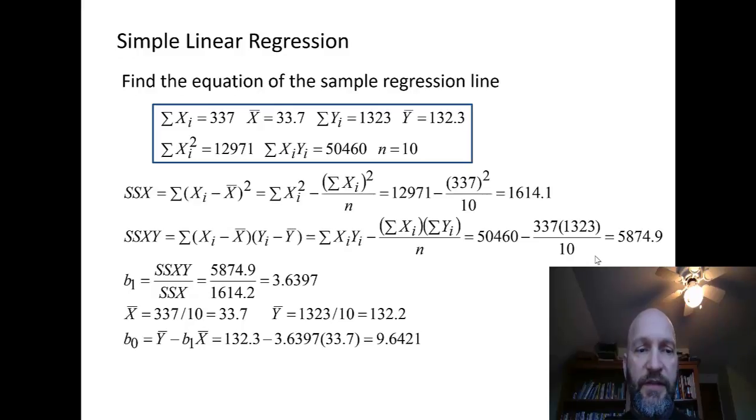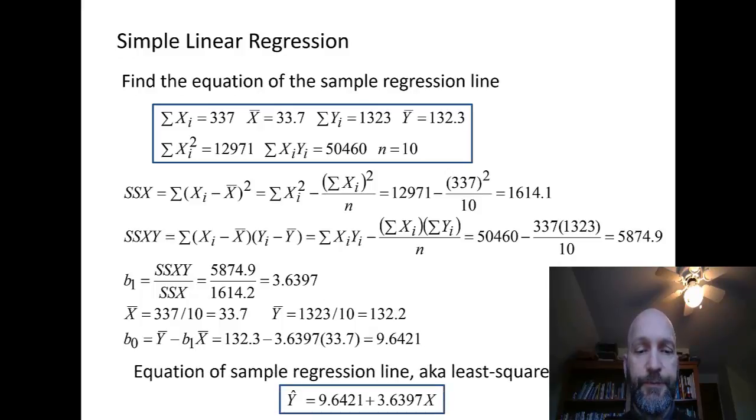We're going to get our SSX, the SSXY, take the ratio of those things, and we get 3.6397 for the slope, and 9.6421 for the intercept. And so that gives us this regression line, and that's the one that best fits this data according to the criteria that we have described for what it means to be the best fit.